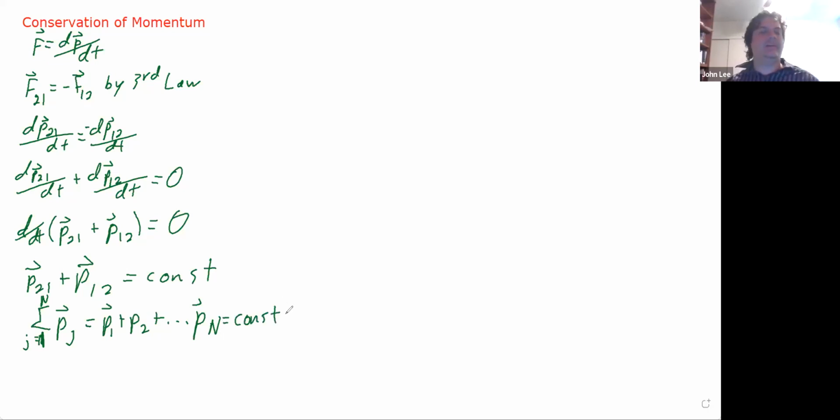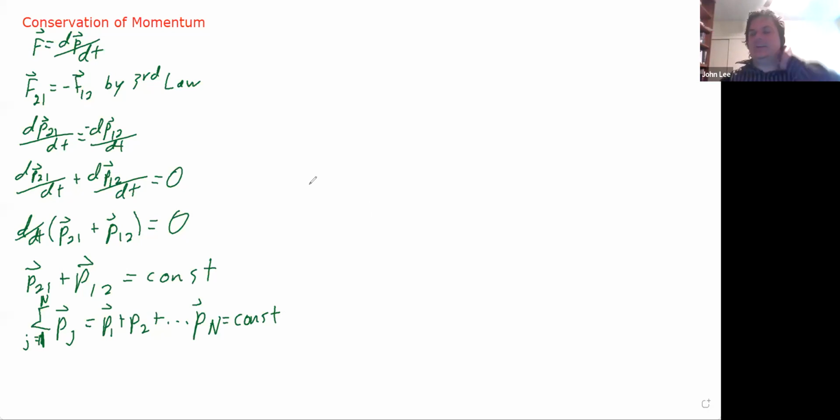If you have multiple forces acting on each other and multiple objects in your system, then the value of the momentum is always going to be constant. So that is the main takeaway from today's lecture, that momentum is constant.